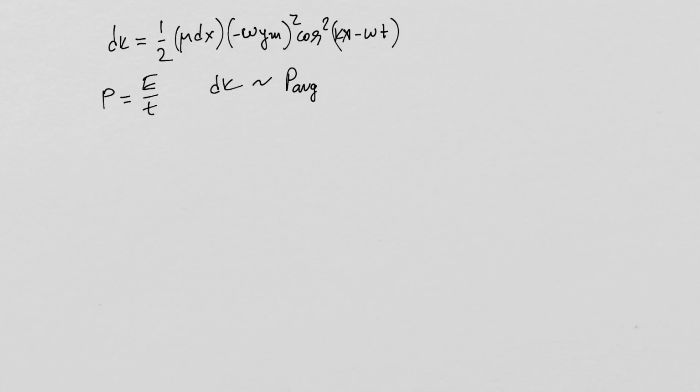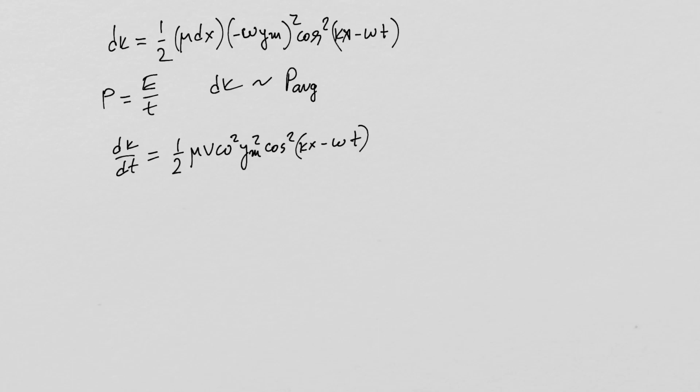First, I will take the time derivative dK dt, and that will give me, without going through the entire calculation, 1/2 mu v omega squared ym squared cosine squared of kx minus omega t.